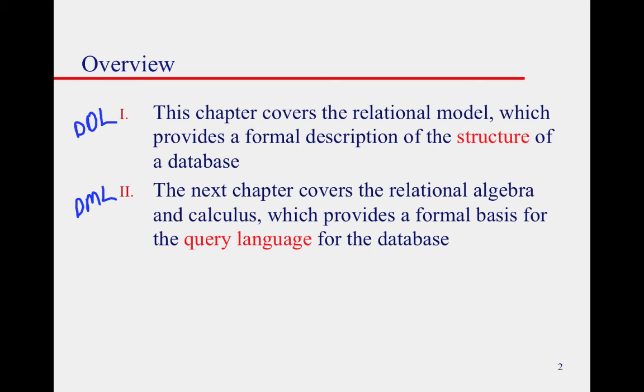So in chapter 4, we're talking about how databases are structured in the relational model, so what constraints are placed on them. And then in chapter 5, we talk about the user view and how they are able to write queries. Now, we won't look at chapter 5 for probably a couple weeks, but that gives you a general idea of what's going on.